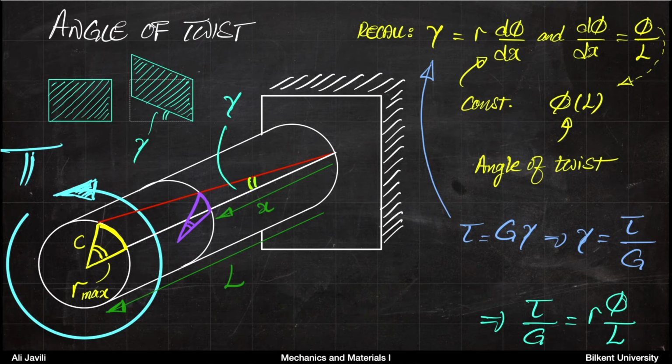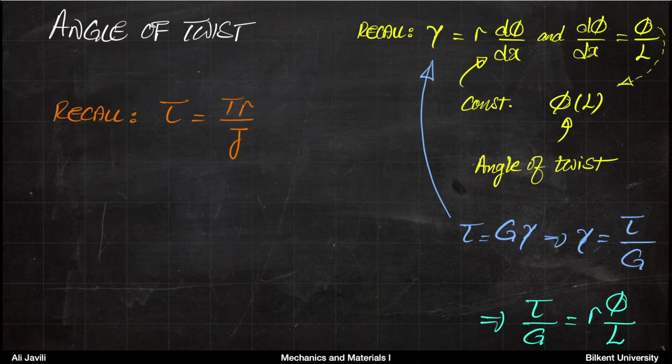So tau divided by G is R phi divided by L. As we will see, this is a key relation for us to find a connection between phi and T.